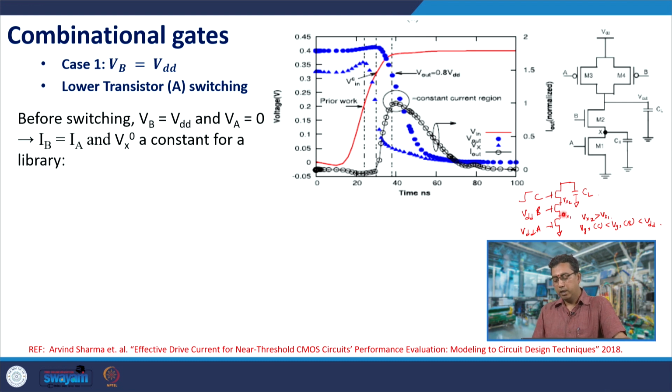This would have a smaller VGS, and a smaller VGS in these voltage regimes means an exponentially smaller current. Therefore, it is not advantageous to have a series stack larger than 2 transistors in near threshold or subthreshold regimes. In low voltage regimes one would not like to have a series stack of more than 2 transistors, and therefore we would not prefer to use a NAND gate or a NOR gate having more than 2 inputs, otherwise the delays would be quite large.